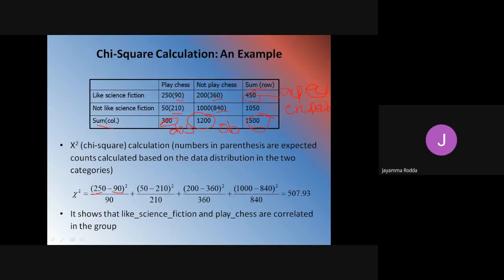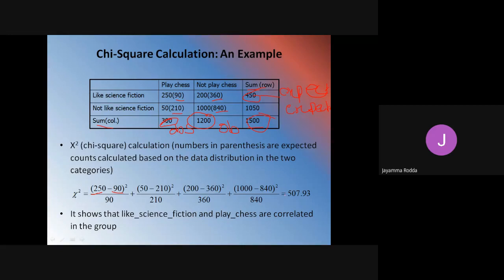We are going to sum all of them. First (250 minus 90) squared divided by 90. Again (50 minus 210) squared divided by 210. (200 minus 360) squared divided by 360. And again (1000 minus 840) squared divided by 840.